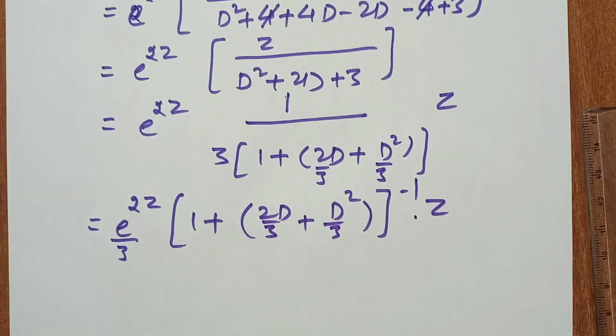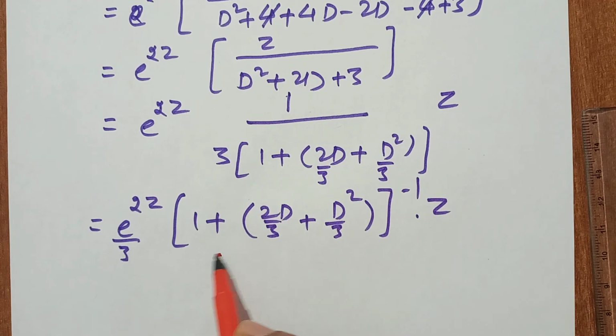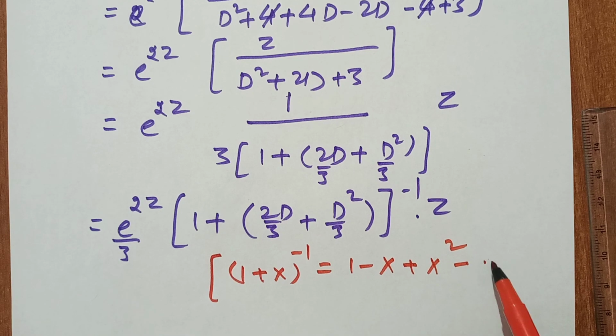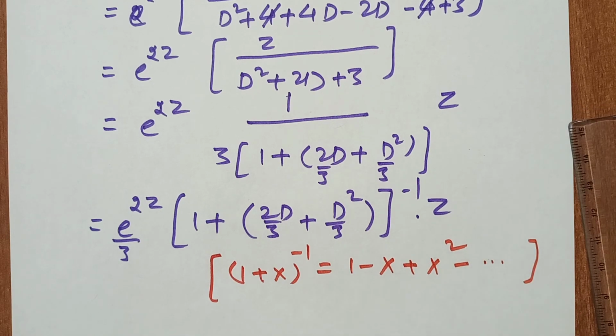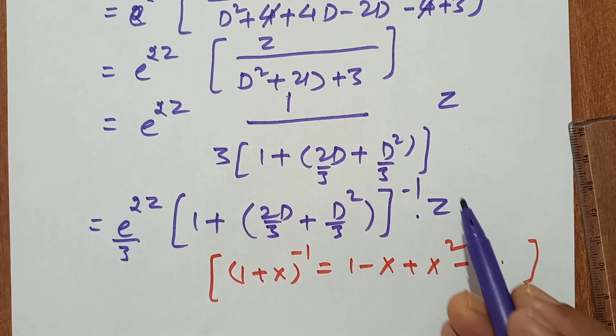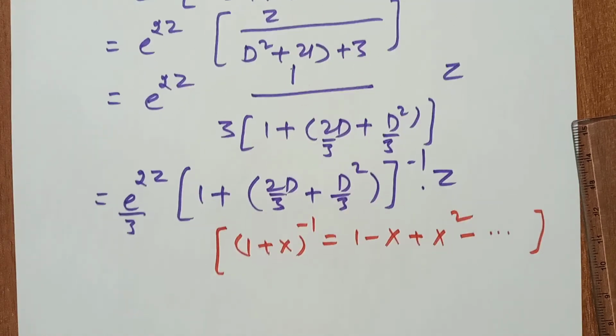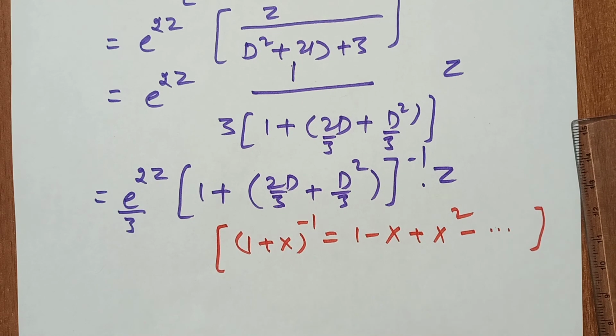Now we will use the formula (1 + x)⁻¹ = 1 − x + x² − x³ and so on. Since the power of z is 1, this is valid only for D, meaning D²z = 0, D³z = 0.